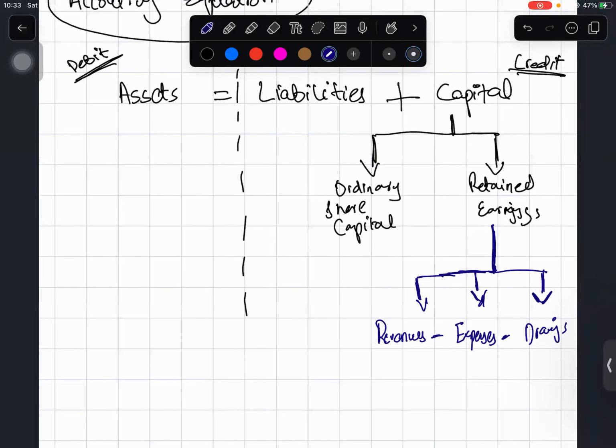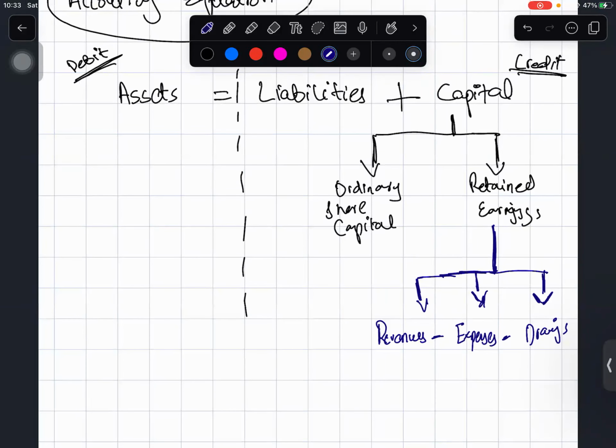All right. So forget these two things. You only need to know that to get retained earnings, we take our revenues or our total incomes, we subtract our expenses from those incomes, and then we subtract our drawings, and then we get retained earnings. Is this clear? A little bit?